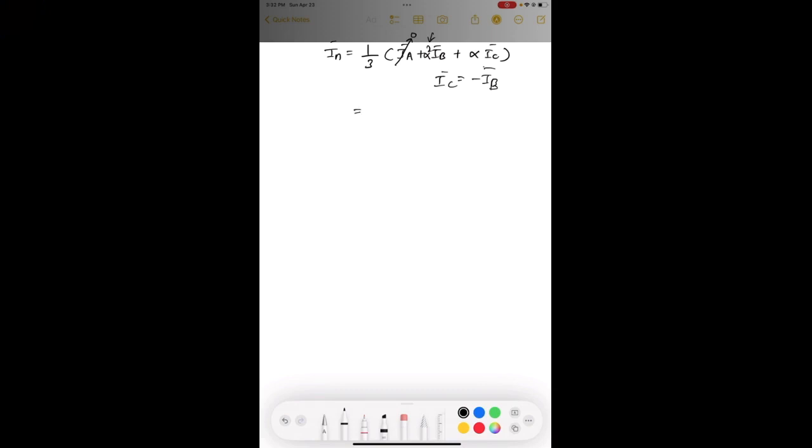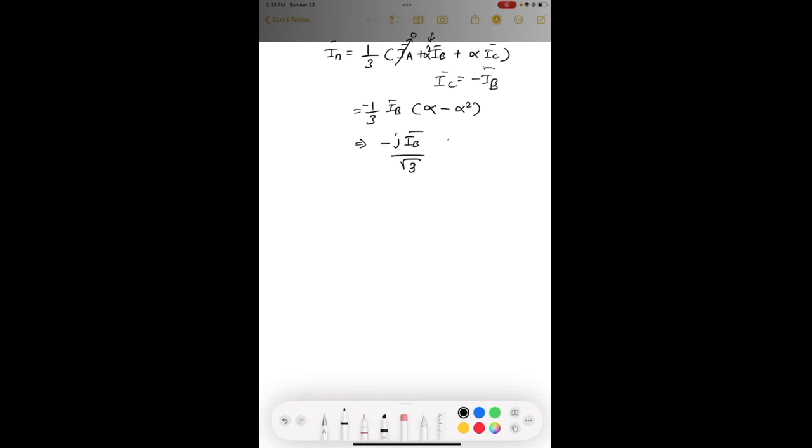So we're going to get 1/3 IB bar, which is common, plus alpha minus alpha square. Calculating this, we'll get negative j IB bar by √3. If we look at the positive sequence component of the current, we got j IB bar by √3.